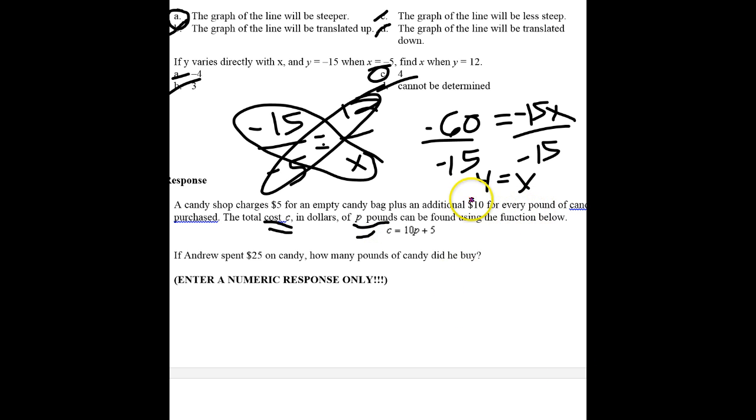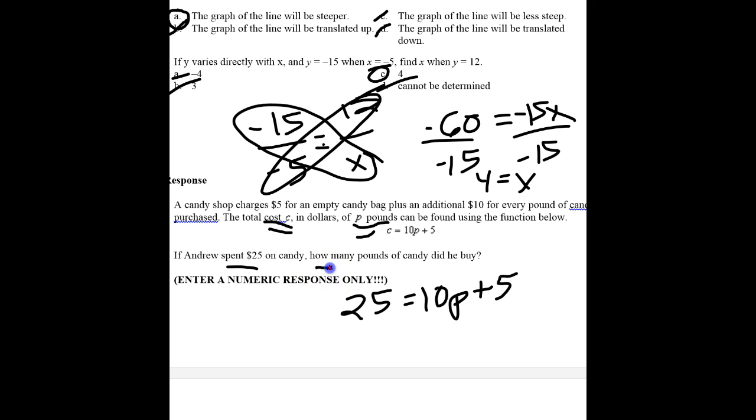And we're saying if Andrew spent $25, so we have an equation. Where are we going to plug in this $25 for, C or P? Well, C is cost and P is pounds. $25 is a cost. That means that we're going to plug in that 25 for C. So I'm going to have $25 equals 10P plus 5, which makes sense because now I have to solve for P. And what am I looking for?